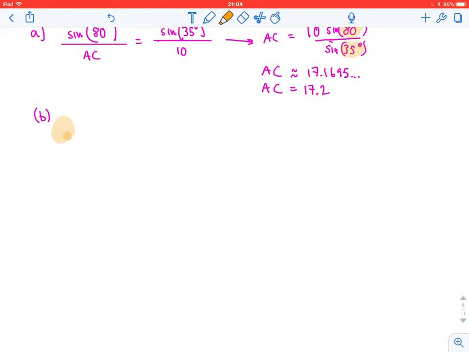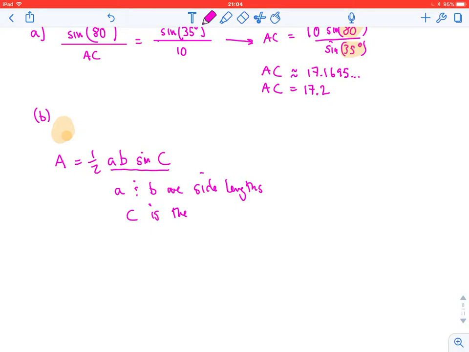We are given an area formula, specifically that area is equal to 1/2 ab sine of C. And the thing to know about this formula is that a and b are the side lengths, and C is the angle between those sides.